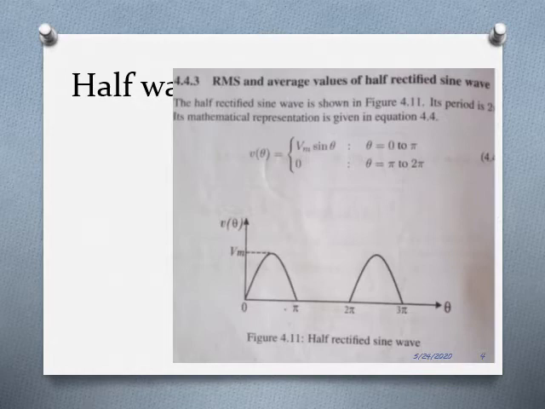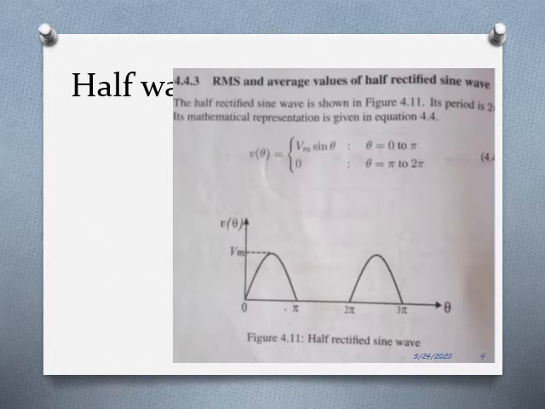So we have to split the function V of theta for a half wave rectified output, unlike a sine wave and a full wave rectified output. So from theta 0 to pi, we are having a positive half cycle. So the function is Vm sin theta. But from pi to 2 pi, the magnitude is 0.